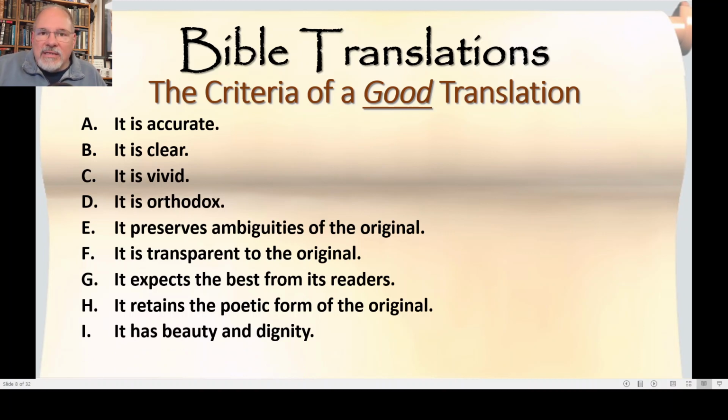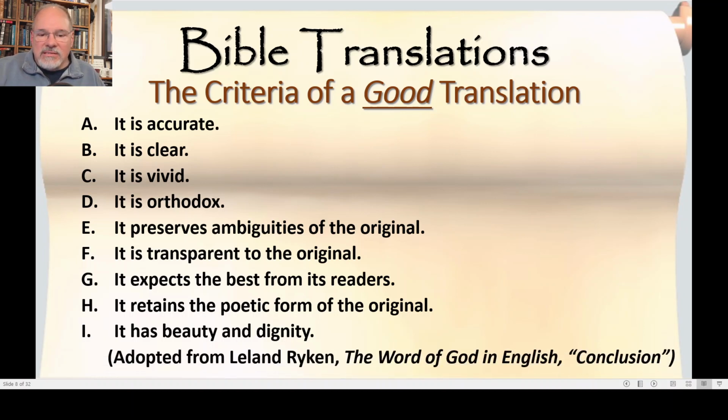It has beauty and dignity. In other words, it has a literary cadence to it, and it's not choppy and kind of like a hacked translation to keep it real literal. And again, this is taken from the conclusion section of Ryken's book that I just showed you. A lot of these are kind of broken out actually into chapters.